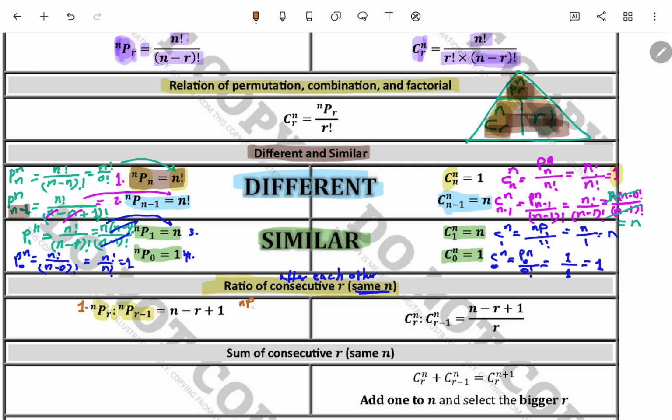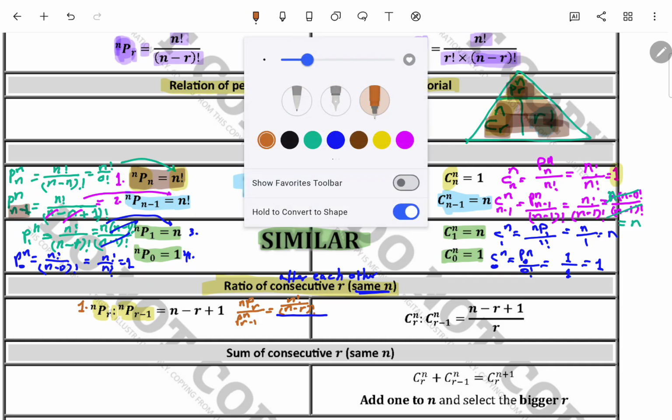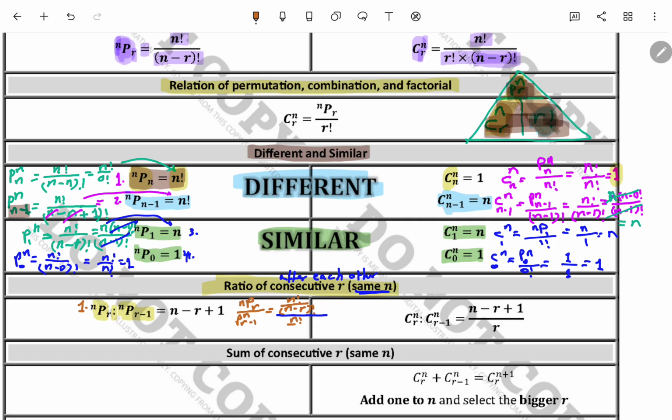n permutation r divided by n permutation r minus 1, you can get it from n factorial up divided by n minus r factorial. That all will be divided by, like this, the same down, n factorial divided by n minus r minus 1, and minus minus will be plus, and that all will stay with the factorial.